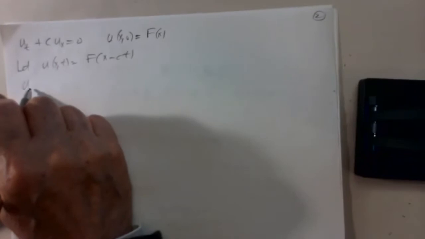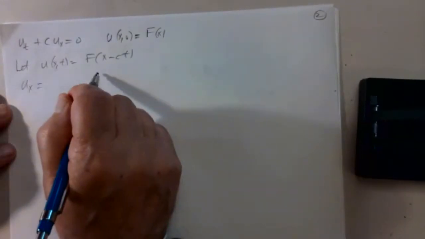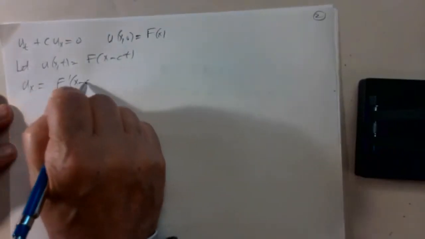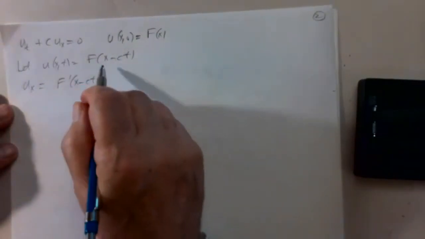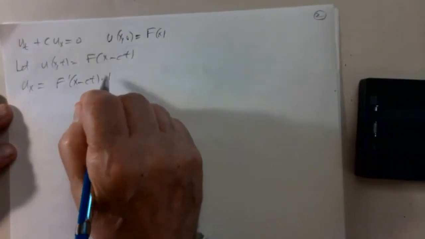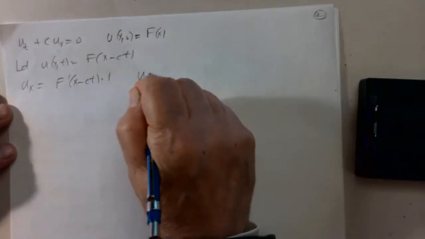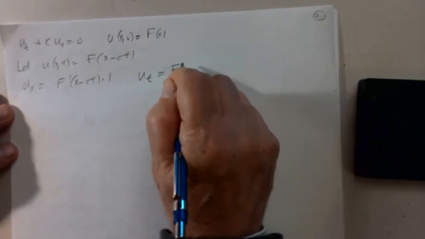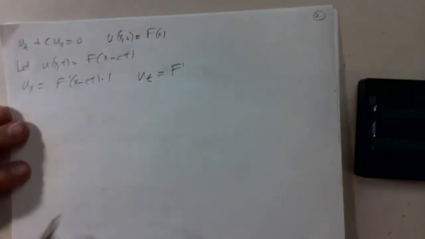Then the partial of u with respect to x is what? It's the derivative of F at x minus ct times the derivative of x minus ct with respect to x, which is 1.